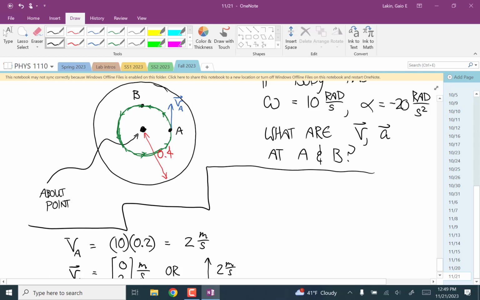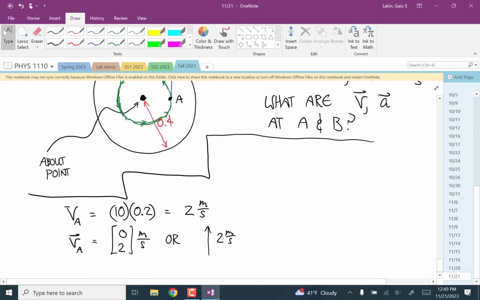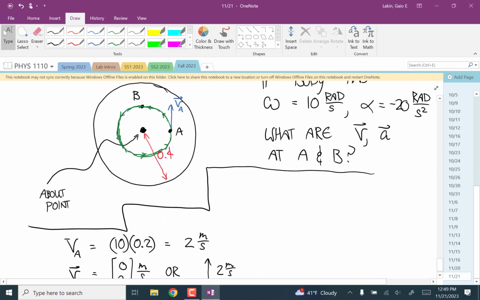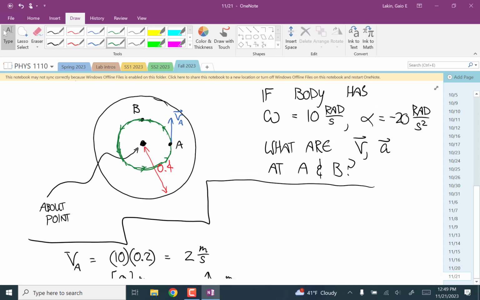But remember, the centripetal acceleration just comes from the speed, so we don't need to know anything about the angular acceleration to find it. We're going to use other stuff for that. But let's think about the directions of these. The centripetal acceleration always points toward the center.